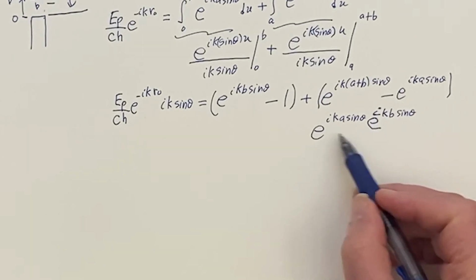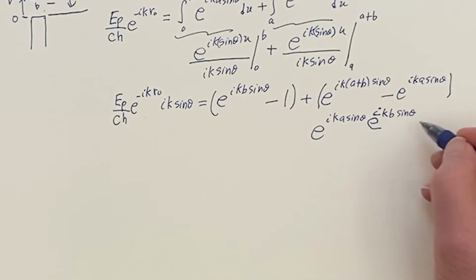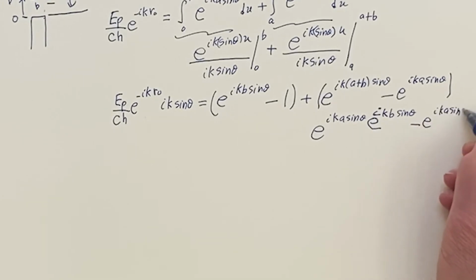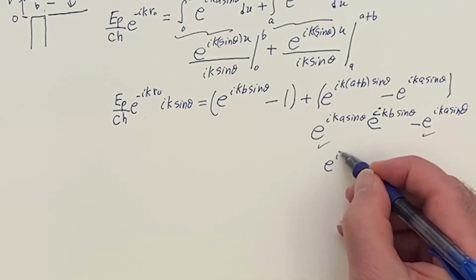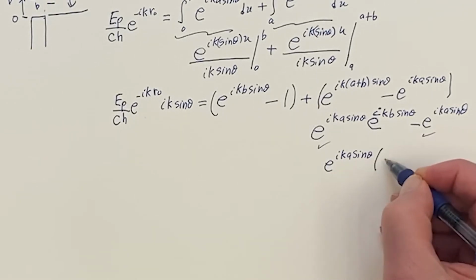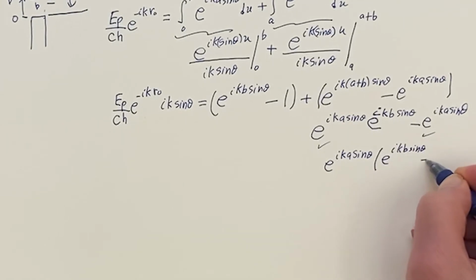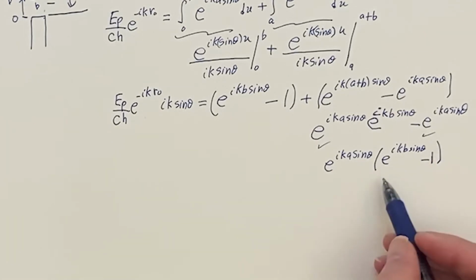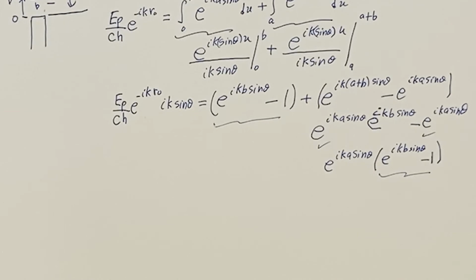So if you multiply these two, the a and b are going to add in the exponent. So you get that, and then minus i k a sine theta. So you can see this is the same as this over here. So that means we can write i k a sine of theta, e to the i k b sine of theta minus 1.